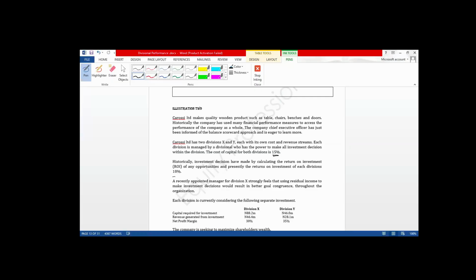A conglomerate company. What is a conglomerate company? A company with different businesses. And these businesses are unrelated.